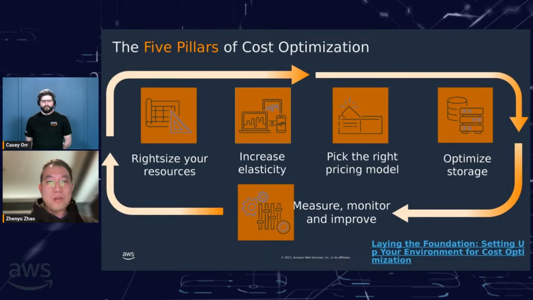So first of all, in general, there are some very common techniques we call the 5 pillars of cost optimization. Most customers are already aware of them, which are: right size your resources, and increase elasticity, so you go up and down with your demand, using RDS elasticity provisioning. And also pick the right pricing model.